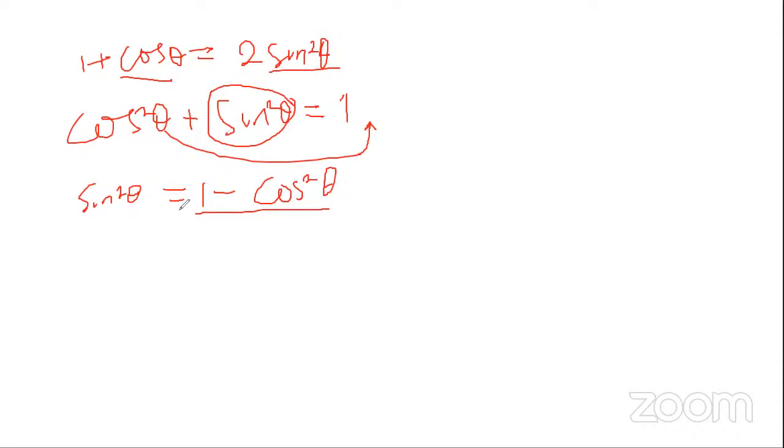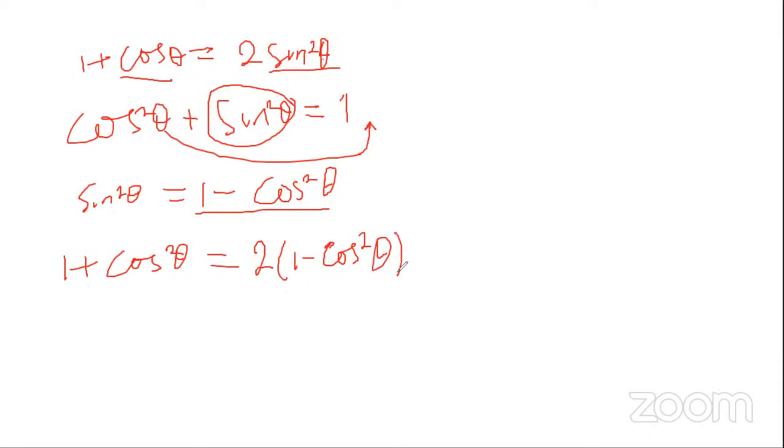After making sine squared equal to 1 minus cos squared, we substitute it there, and we have 1 plus cos theta equal to 2 into 1 minus cos squared theta.